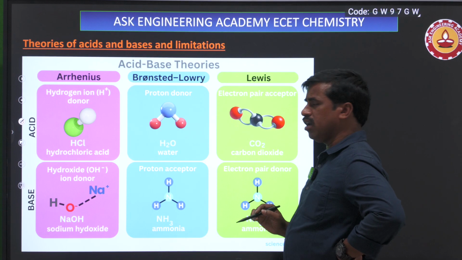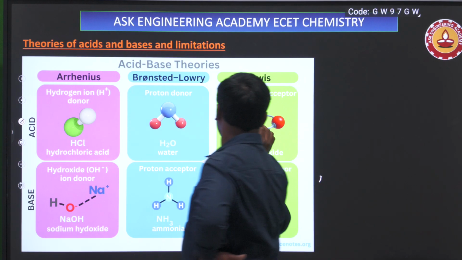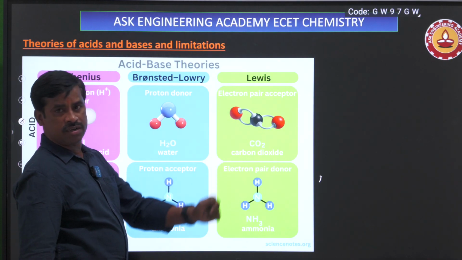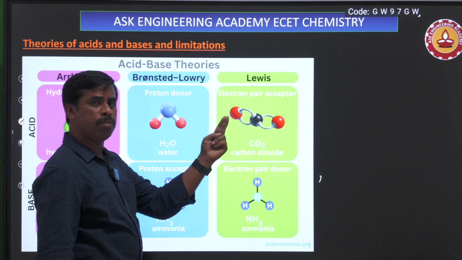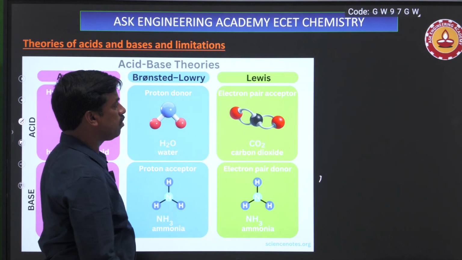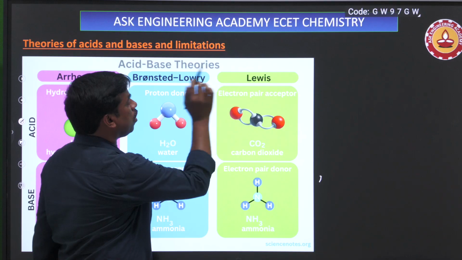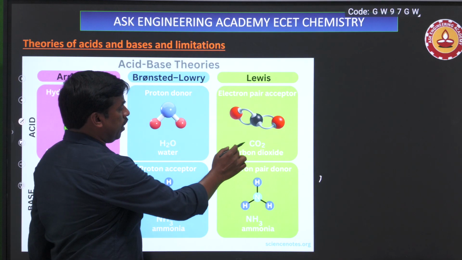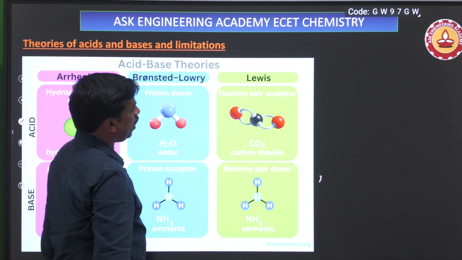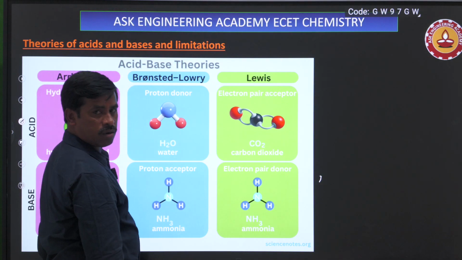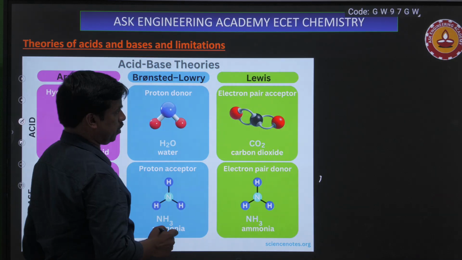Next, Lewis theory. According to Lewis theory, an electron pair acceptor is an acid. A substance that can accept an electron pair, a couple of electrons, towards itself is said to be a Lewis acid. Example: carbon dioxide, an electron pair acceptor.